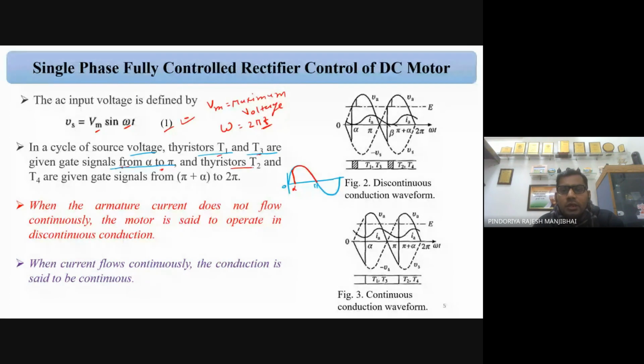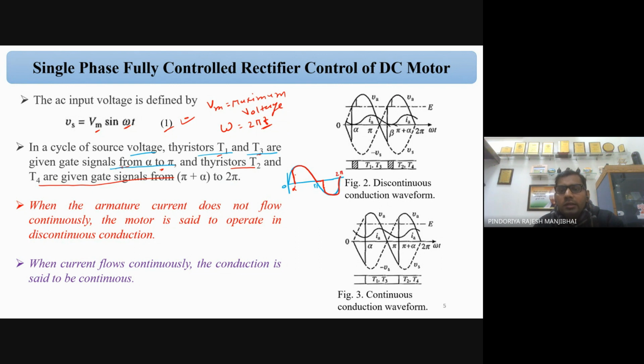And thyristors T2 and T4 are given from pi plus alpha to 2 pi. So we can say again here is the second firing pulse. So this is 2 pi.